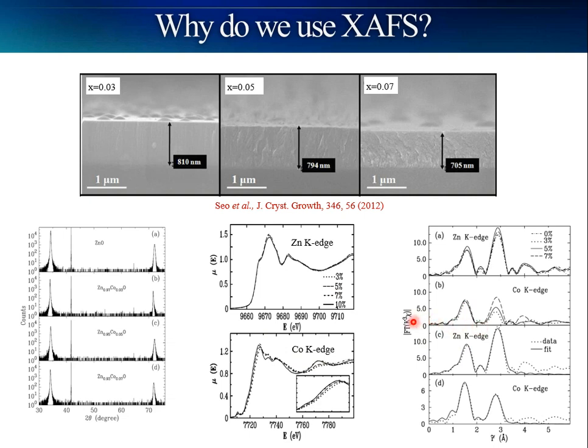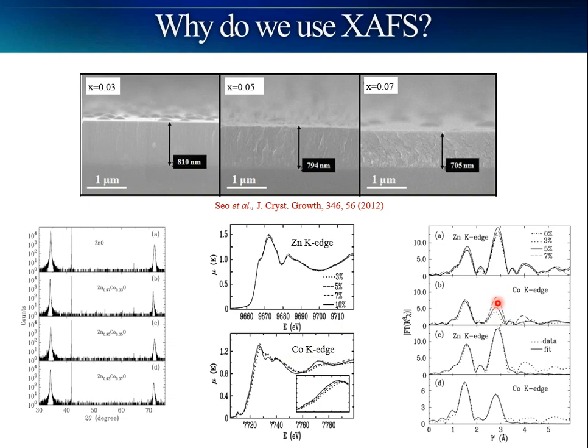The XANES and EXAFS at the zinc K-edge don't have considerable discrepancy between specimens, right? Such as XRD and SEM imaging. However, you can see the considerable discrepancy in XANES and EXAFS at the cobalt K-edge, right?